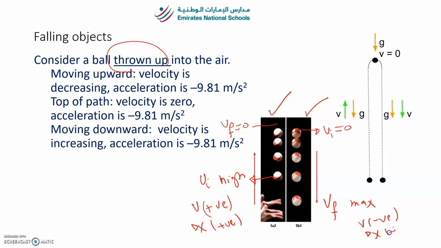Delta x is negative. In both cases, I have acceleration due to gravity g, which is equal to 9.8 in both cases, or 10 for simplicity. I can assume it's negative 10 because acceleration is always down toward the ground. So g is always negative. I can consider it negative 10 meter per second squared.